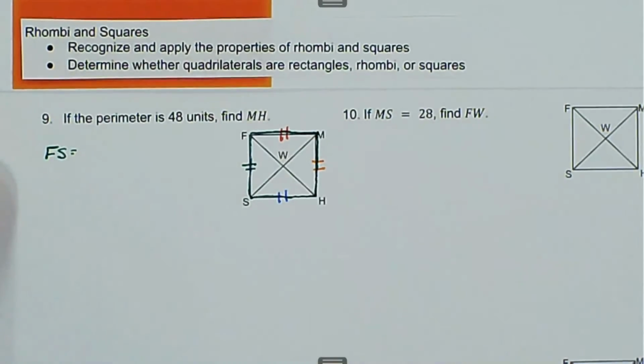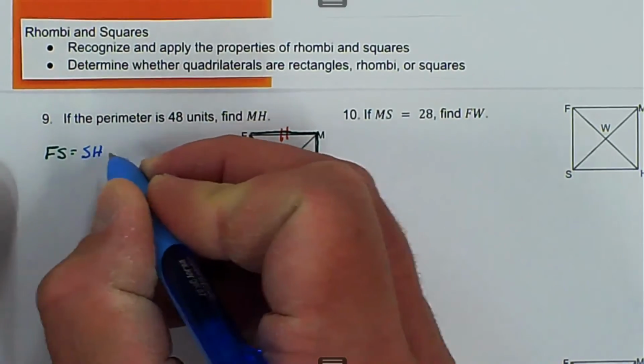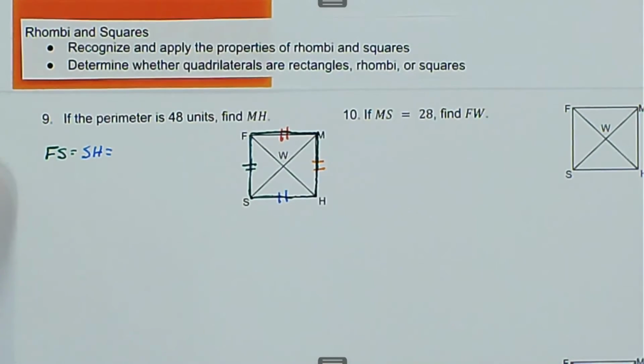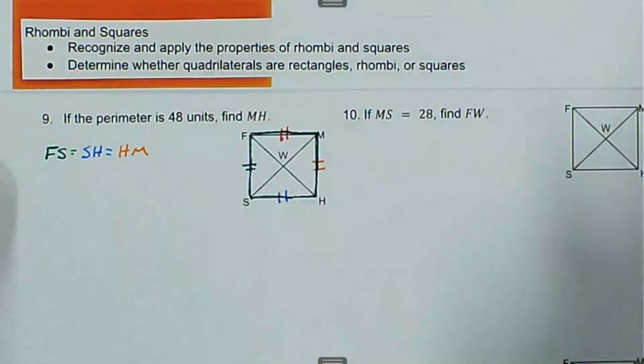FS is equal to SH, which is equal to HM, which is equal to MF.